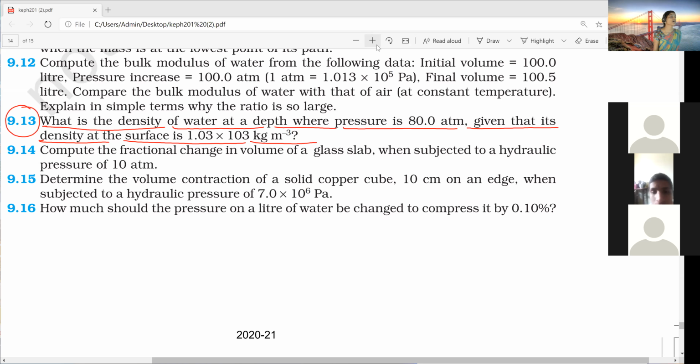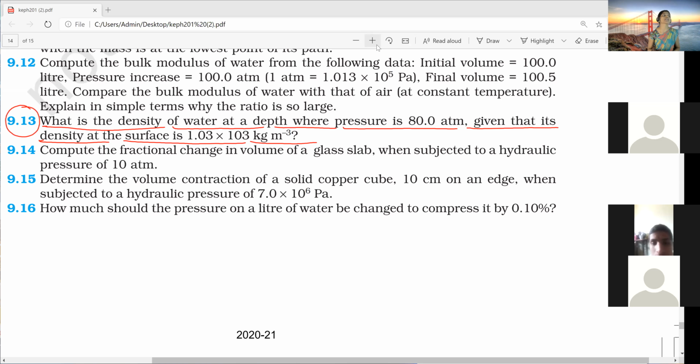What have they given? What is the density of water at a depth where pressure is 80 atmosphere, and they have given in the question itself that its density at the surface is 1.03 into 10^3 kg per meter cube. So try to guess which formula is useful.